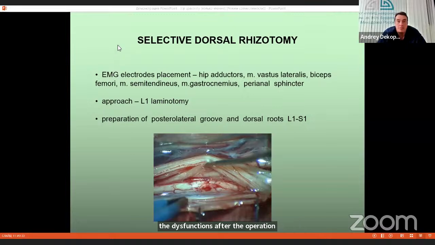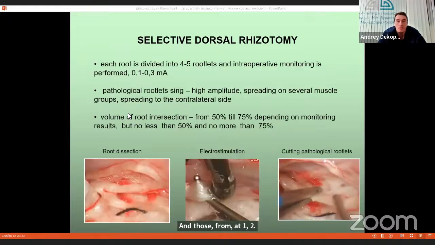The approach is performed via L1 laminotomy, then dura mater is opened, and we prepare the posterolateral groove and dorsal roots from L1 till S1. Each root is divided into 4 or 5 rootlets, and then we perform intraoperational EMG. Pathological rootlets show high amplitude, spreading on several muscle groups or spreading to the contralateral side.